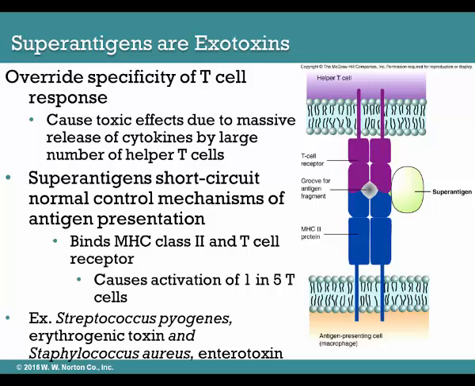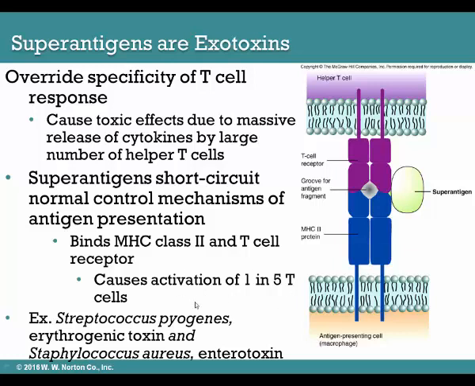It bypasses the necessity that the T cell has for binding both the MHC2 and the antigen. Instead, it just requires that the T cell receptor interacts with an empty MHC2, which is found on virtually any antigen presenting cell.